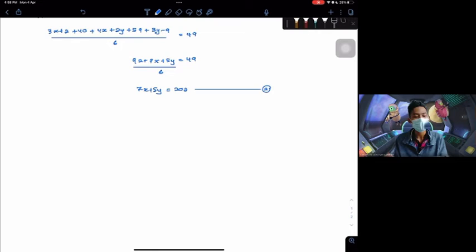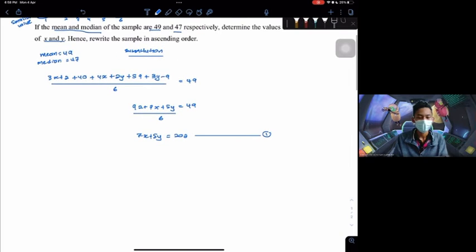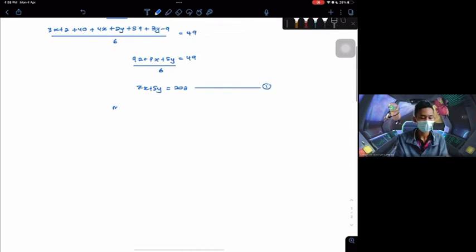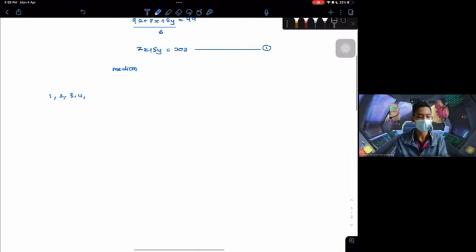Alright, moving on to median. Because we need to get two equations, we need to find the equation for the median. A student should understand that when searching for a median, having 7 data, 1, 2, 3, 4, 5, 6, 7, is different compared to having 6 data, 1, 2, 3, 4, 5, 6. What do I mean by different?